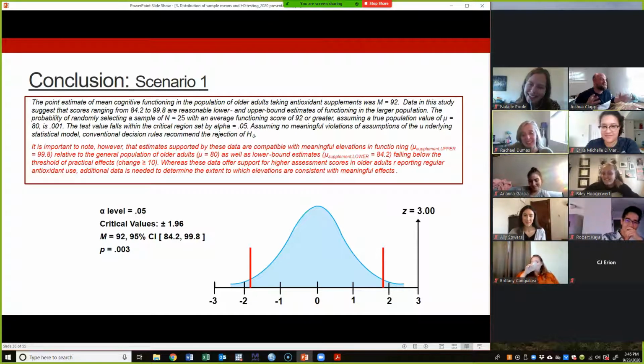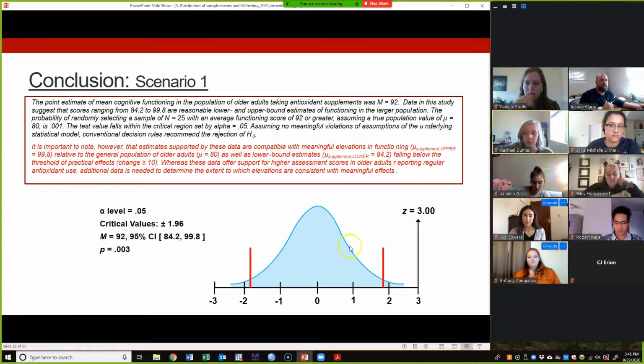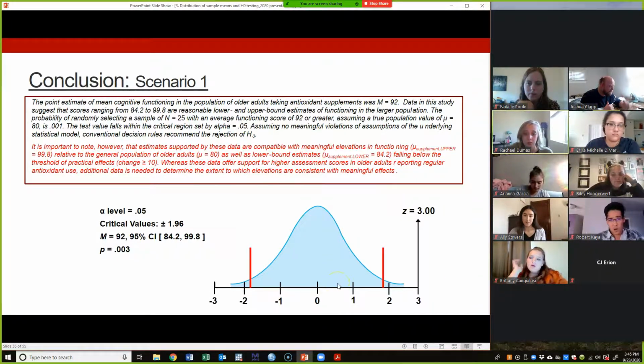Okay, so we've gone through and done a bunch of stuff, but if we were just using plain Jane, basic null hypothesis testing for this first conclusion, this is probably what you've done in undergraduate statistics classes: you just say, we found a significant effect, or that our sample was significantly different than the null.